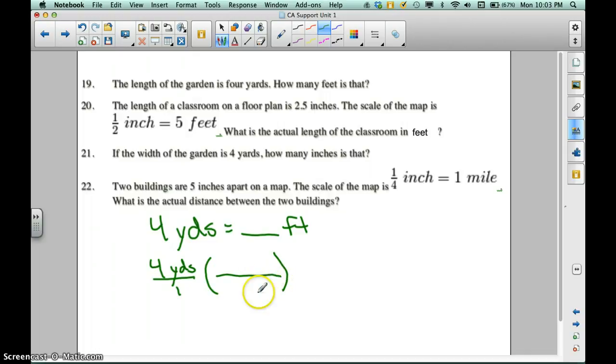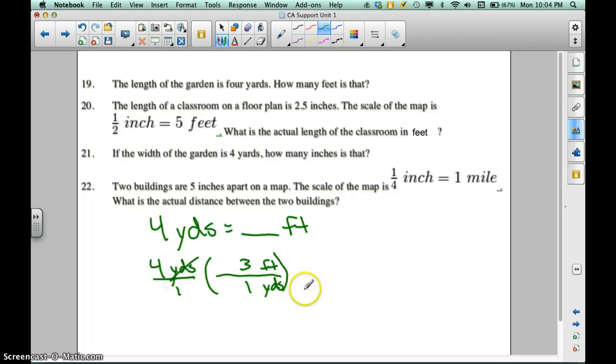If you recall from learning how to do dimensional analysis, what you want to get rid of should go on the bottom, and what you want to keep, in this case feet, is going to go on top. Since there are 3 feet in 1 yard, 3 feet goes in the top of the unit fraction, or the numerator. 1 yard goes on the bottom of the unit fraction, or the denominator.